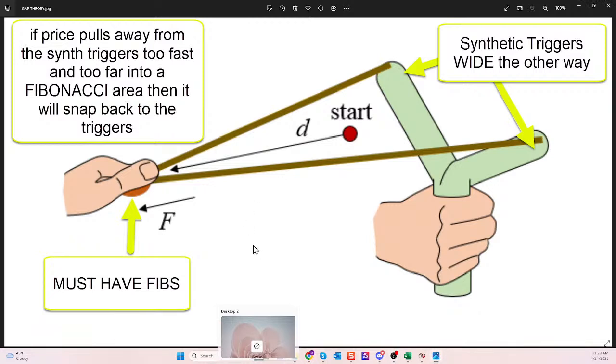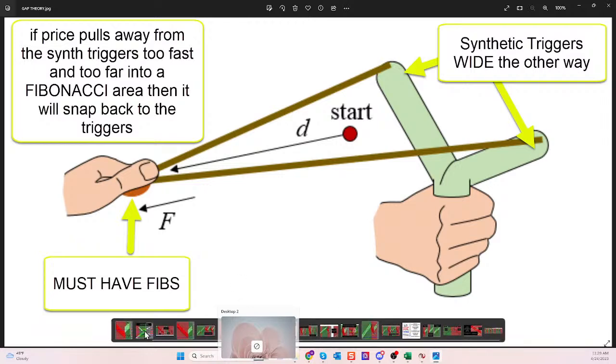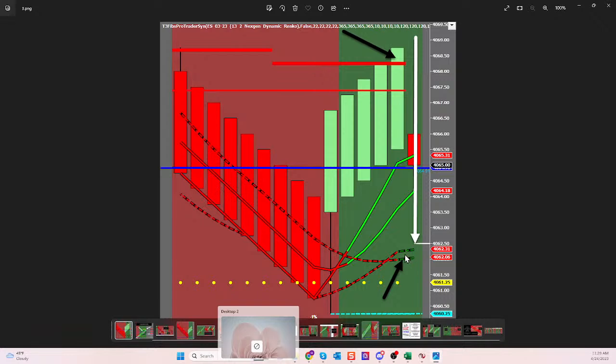Price pulls away from those synthetics super fast, right? Hits an area, likely to snap back. And everything about that one, Bobby, revolves around your large triggers being below the reversal bar marker. If it hits resistance, large triggers don't follow. Not a short trade.